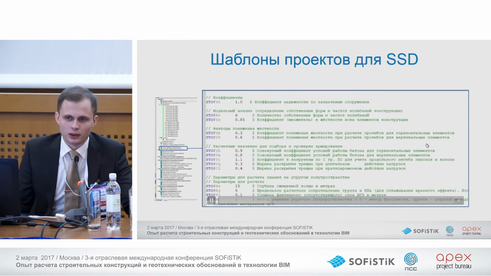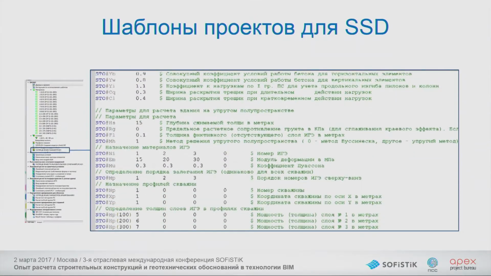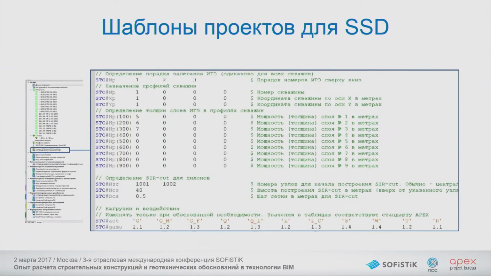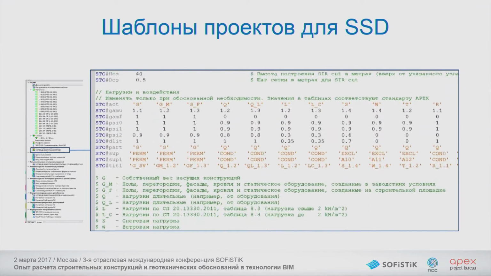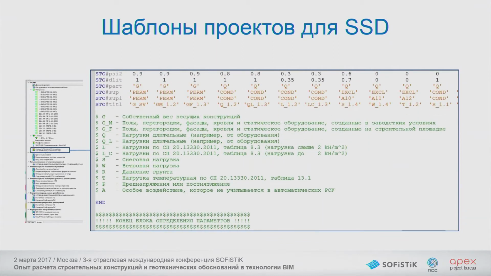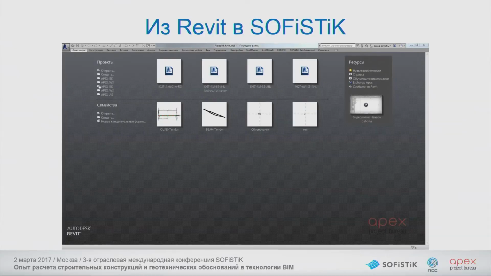There is a window where you enter all indices for rigidity, for calculations, all data about loads. A lot of parameters are taken by default. All the rest is entered, then calculated, processed, and you have the result.